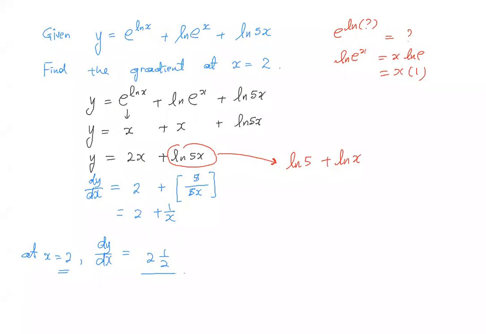You differentiate a constant, you get 0. So this one you get 0, this one you get 1 over x. So I sub in 2, so I got 2.5. Am I right?